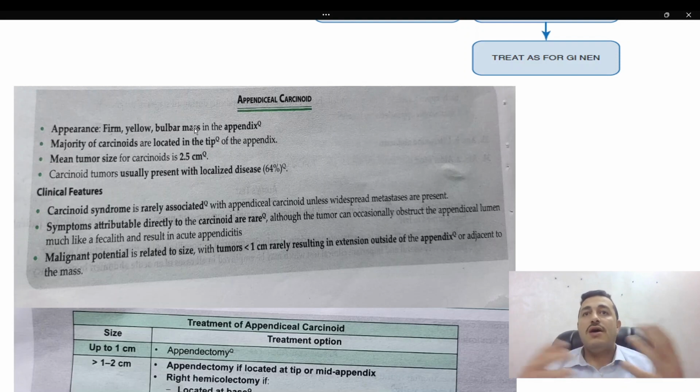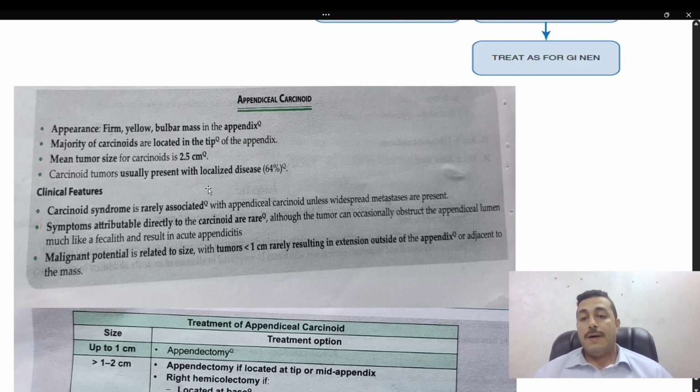Goblet is actually lipid rich, but now goblet is an epithelial tumor, a subtype of adenocarcinoma. We say the majority is on the tip. This is not correct, the mean size is 2.5 centimeter.